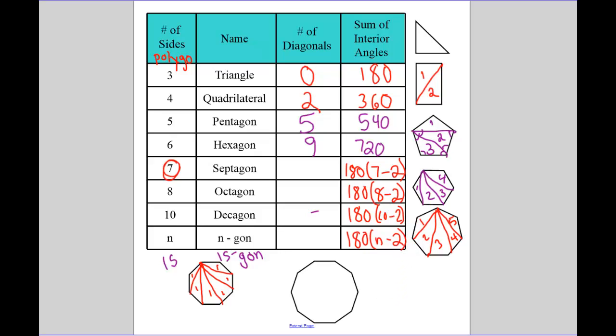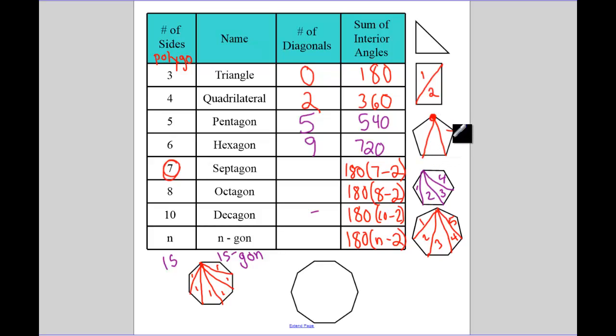Now let's look at our diagonals, and the diagonal one is a little bit more complicated. Let's look at the diagonals of our pentagon here. Each one of these vertices is going to have a certain amount of diagonals coming out of it. How many diagonals can I draw? I can only draw to 1, 2 other points.